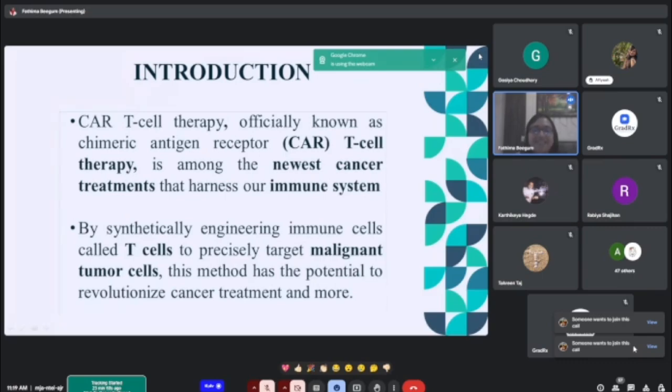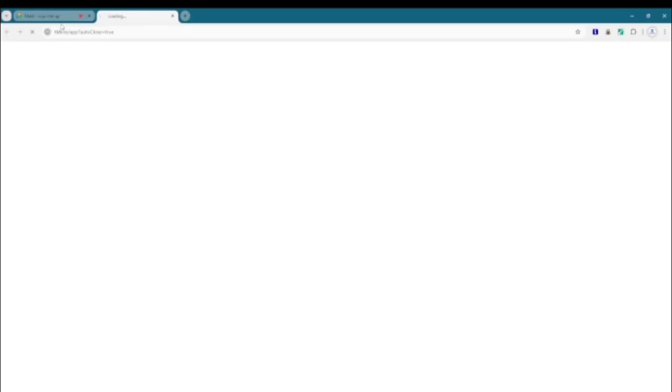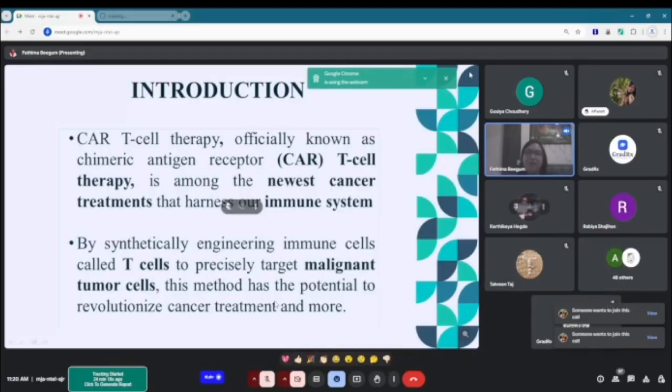Next is CAR T cell therapy. What is its advantage? In certain tumors and the majority of solid tumors, MHC will be down regulated or deleted.